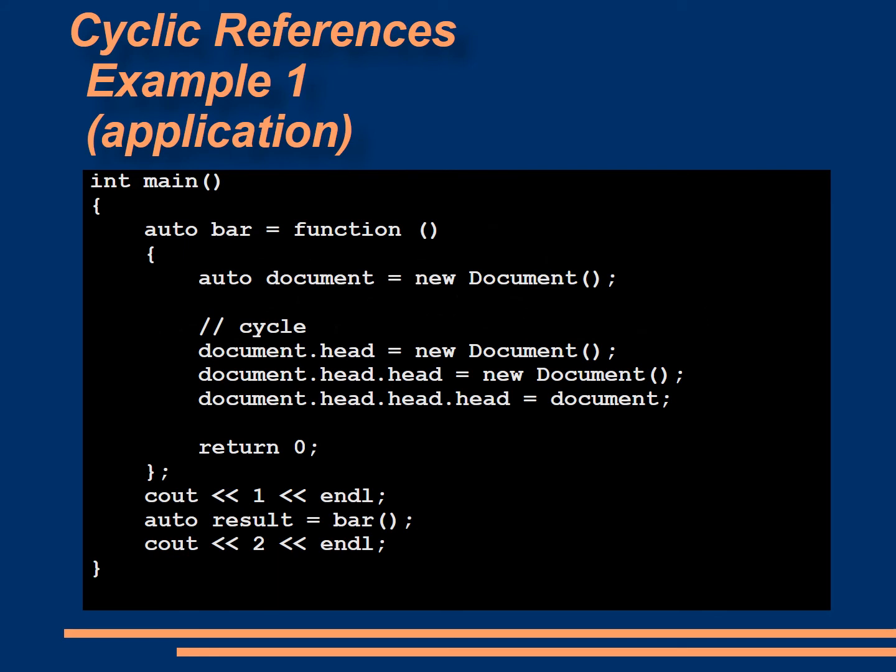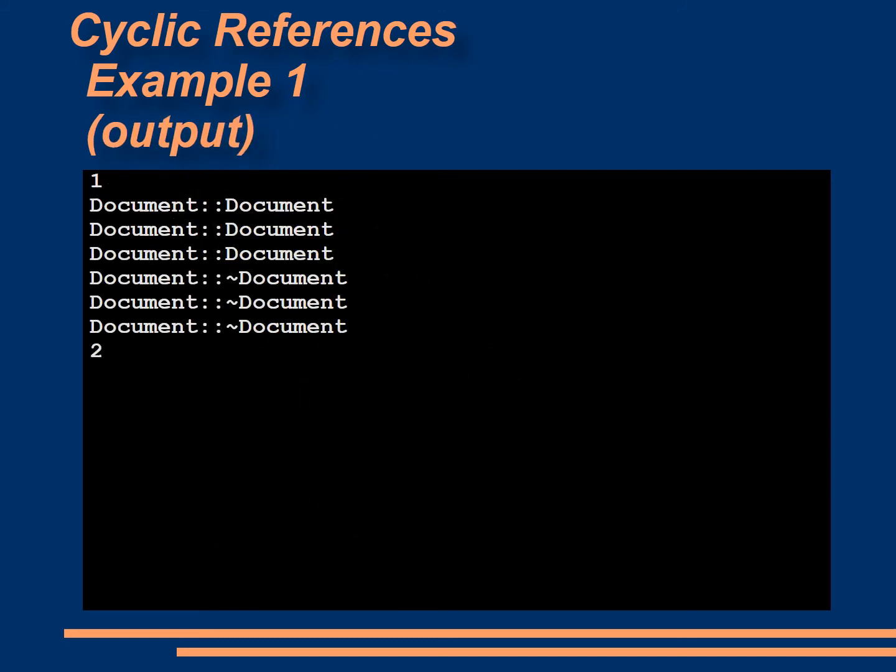For example, if we have the following function that contains an object with a cyclic reference within it, it has to be mentioned also that the node proxy is being instantiated at each scope. Then we'll have the following output.